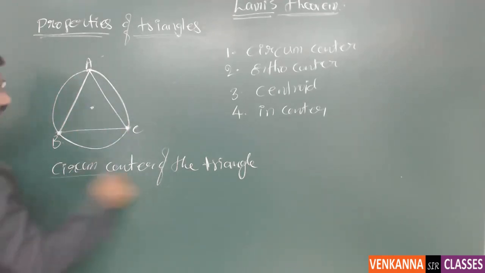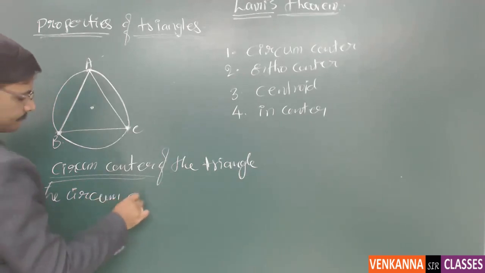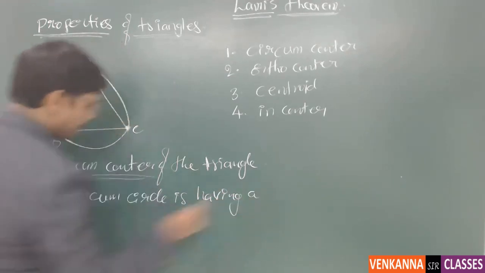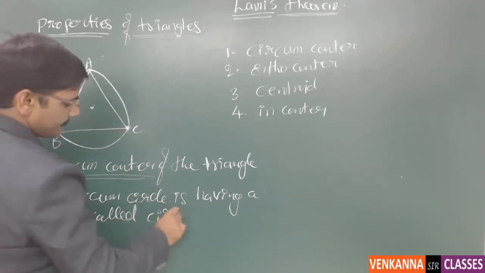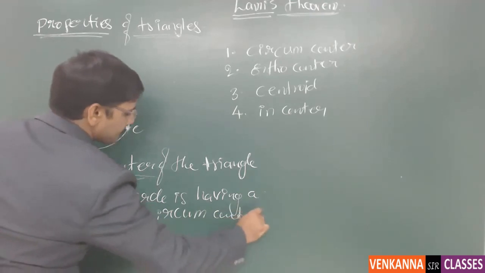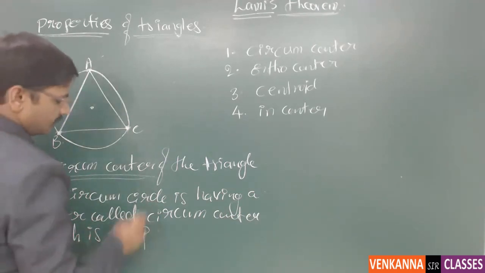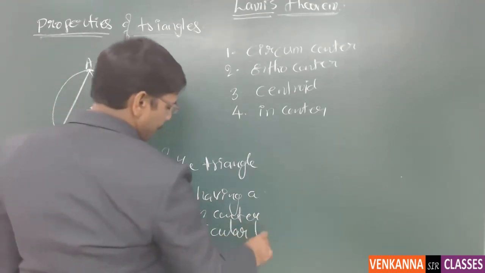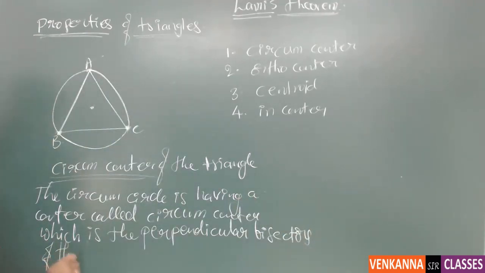So the circumcircle has a center called the circumcenter, which is found from the perpendicular bisectors of the sides.